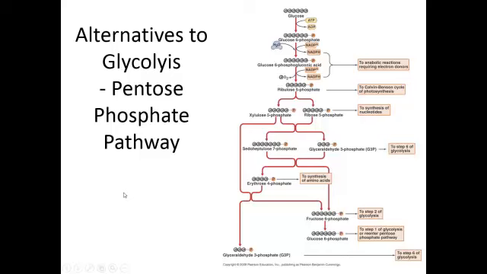So like I said, this is a mess, but here's what I want you to get out of it. The goal of the pentose phosphate pathway is to generate intermediates for these other pathways. If we don't need the intermediates for these other pathways, we can convert them back into molecules that can go on to catabolic pathways that generate energy.